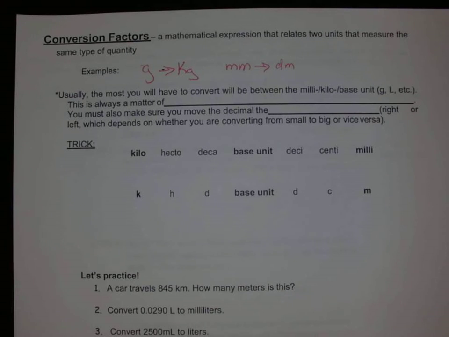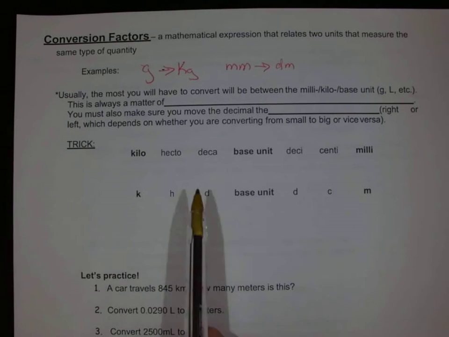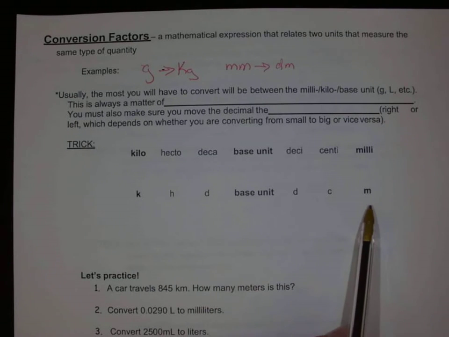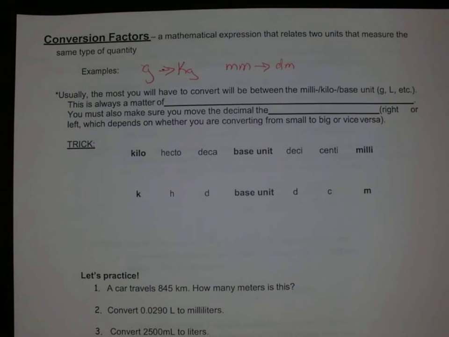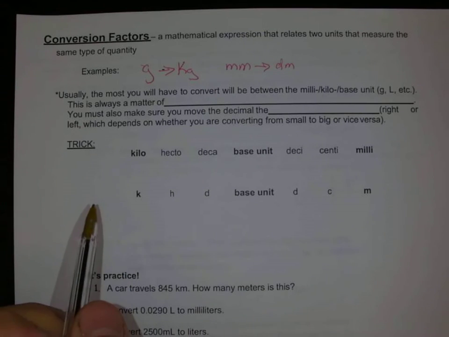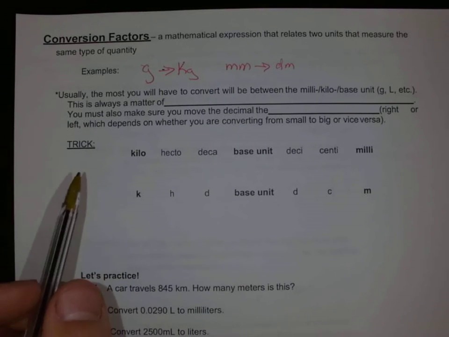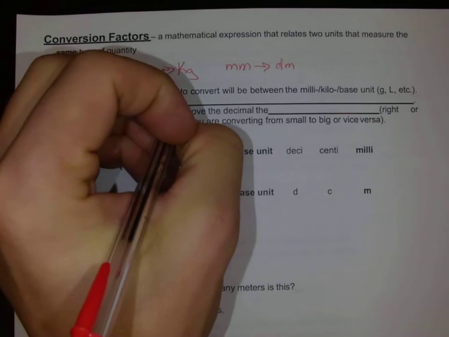So usually the most that we're going to have to convert between is going to be between kilo and milli, okay? That's about as far as we go, but we actually are going to start with going a little bit further, into some of our more obscure prefixes, okay? So this is always just a matter of moving the decimal.